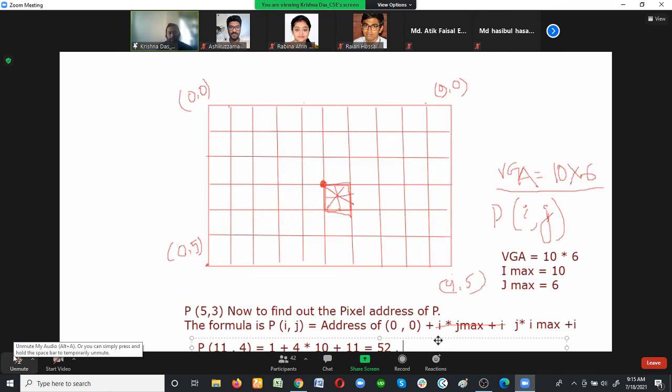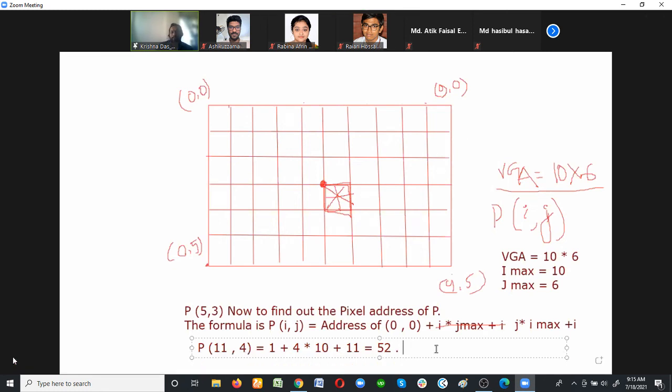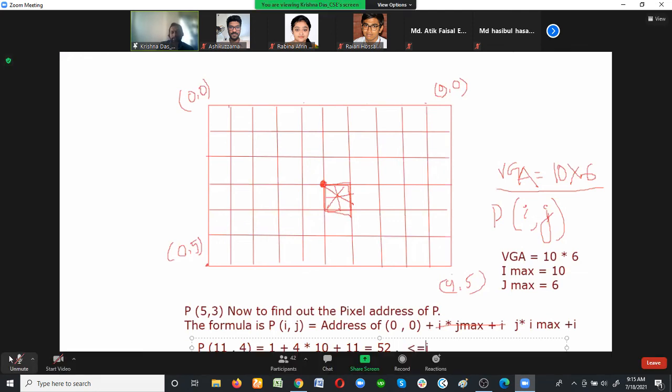So at this moment you can define that 52 should be somewhere in here, because the value of I that we got satisfies the condition of being greater than or equal to 0, but it is not less than I max, which is 10. So this is the problem.